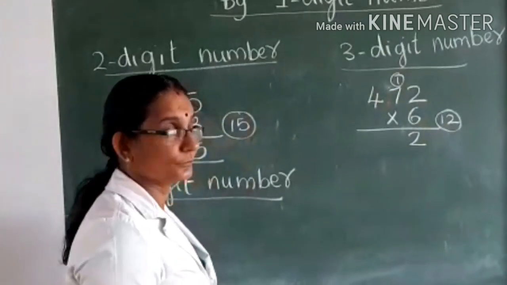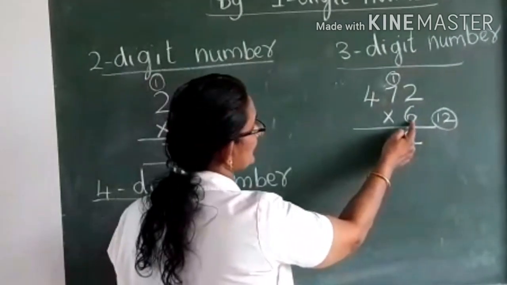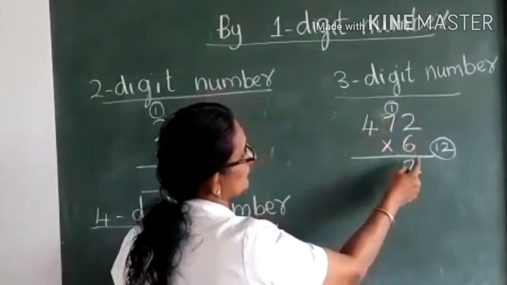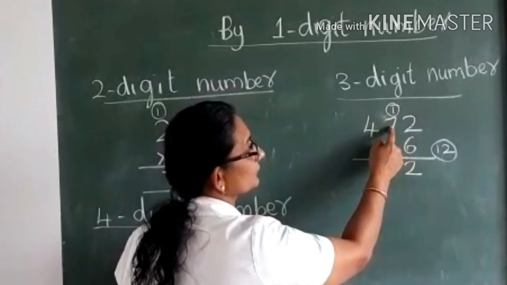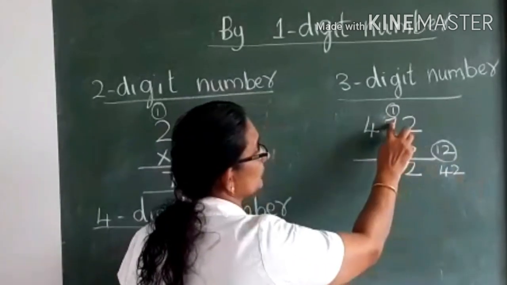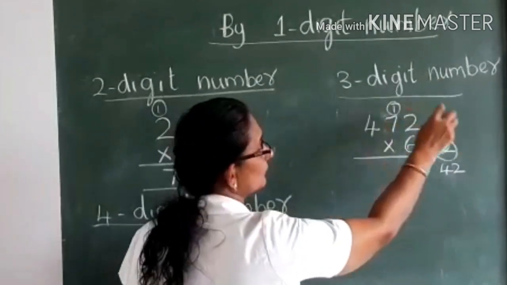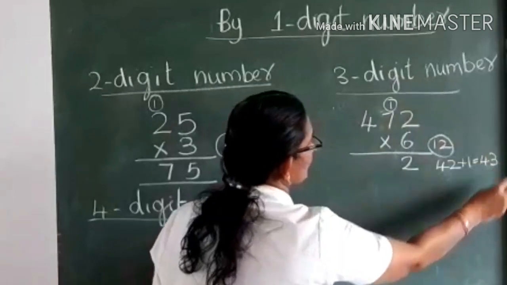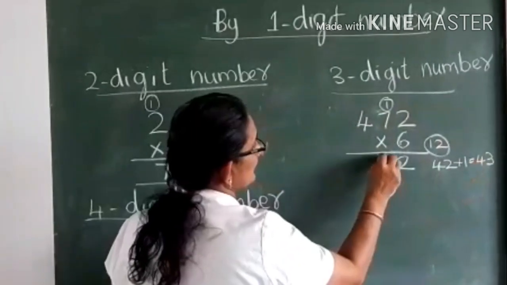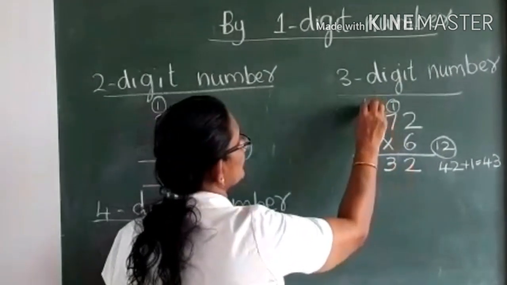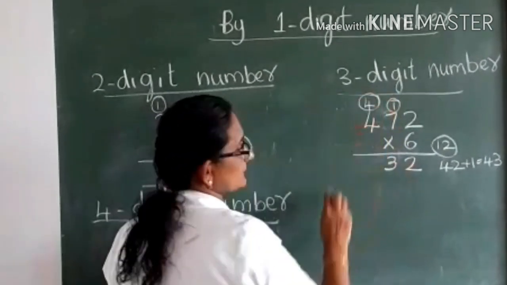Now, what we have to do? Yes, you have to multiply 6 with 7 which is in the tens place. So, 6 into 7 is equal to 42. And 42 plus 1 will give you 43. So 3 is placed in the tens place and 4 is carried over to the hundreds place.